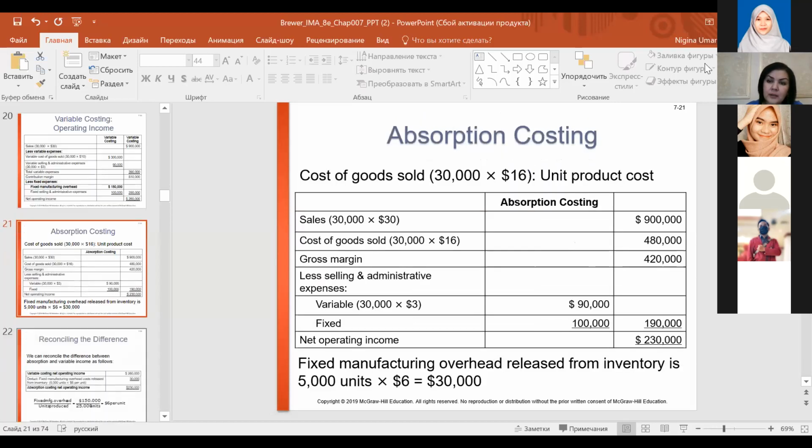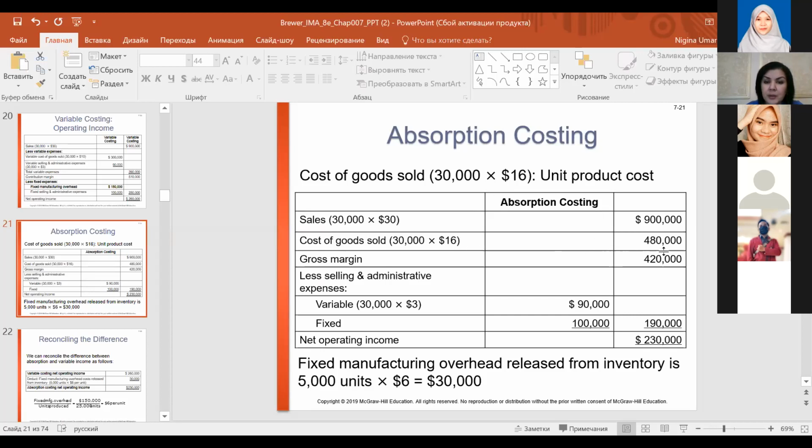Let's calculate on the absorption costing now. So sales revenue is the same amount. Cost of goods sold is now different. 30,000 we now multiply by $16. Do you remember $6 here is fixed manufacturing overhead per unit? On the absorption costing, we include variable and fixed manufacturing overhead into the unit product cost.